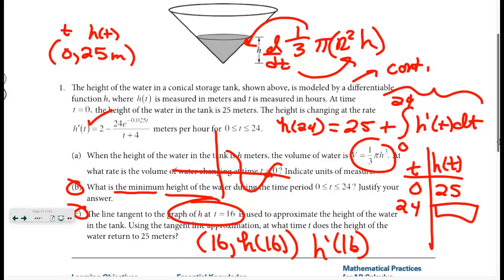Anywho, how would I find H of 16? The same way I found H of 24 and H of whatever the critical values were. I'd go up here and say, well, it started at 25 meters, plus from 0 to 16. I'd go to my calculator and crank that out. Keep in mind we have used this a lot.